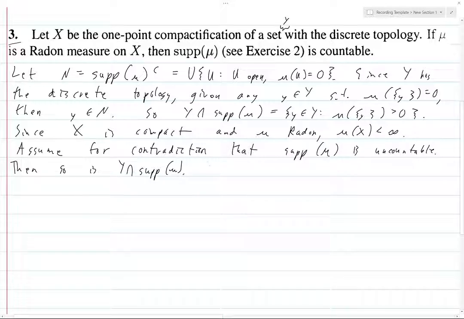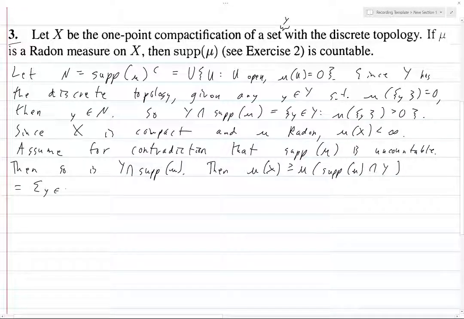So let's see here. Then mu of X is going to be greater than or equal to the measure of the support of mu intersected with Y, and that's equal to the sum over all y in the support of mu intersected with Y of the measure of the singleton {y}.